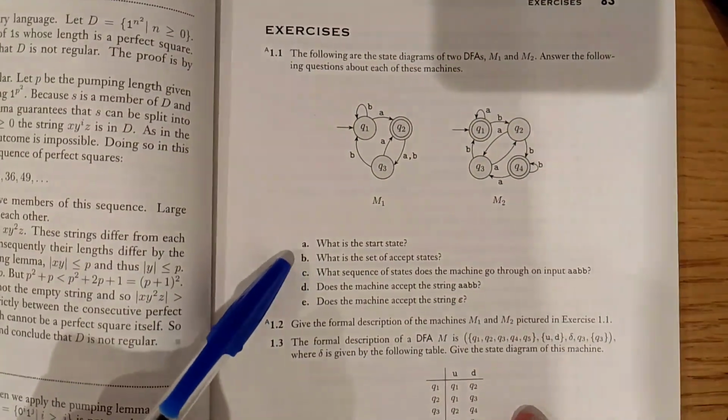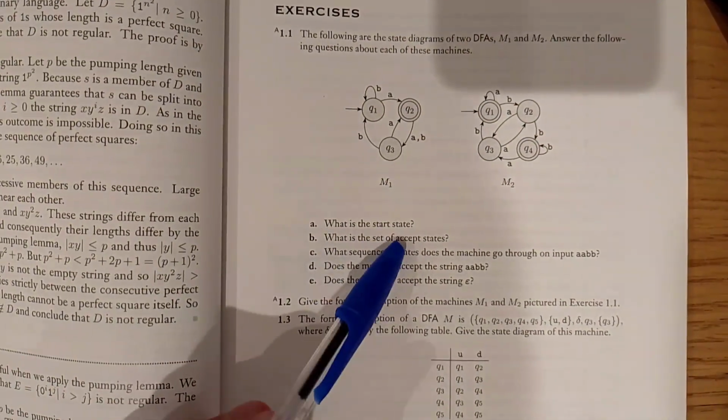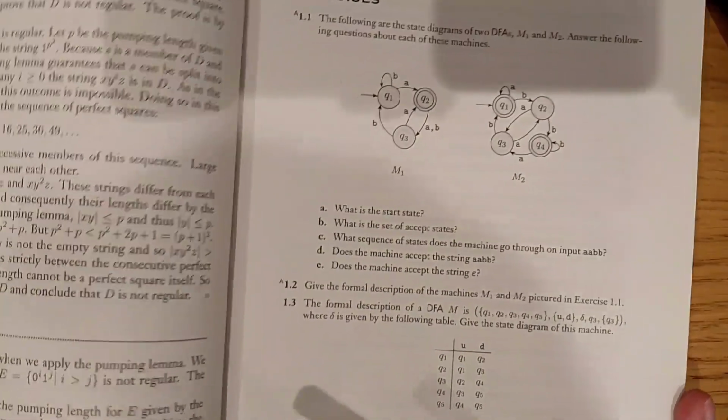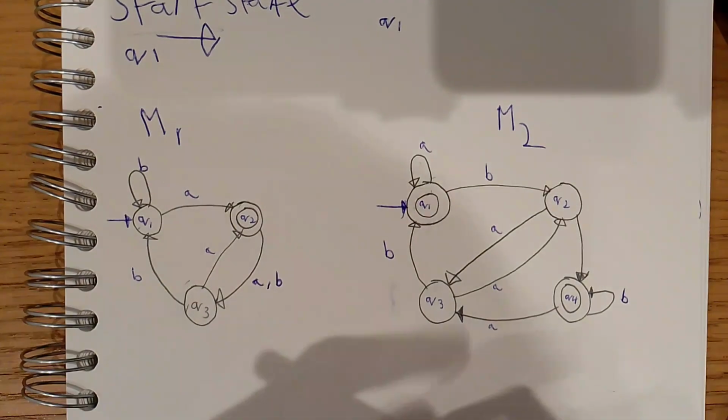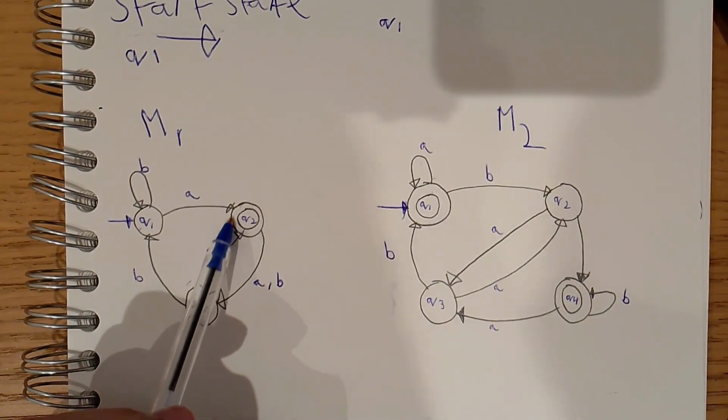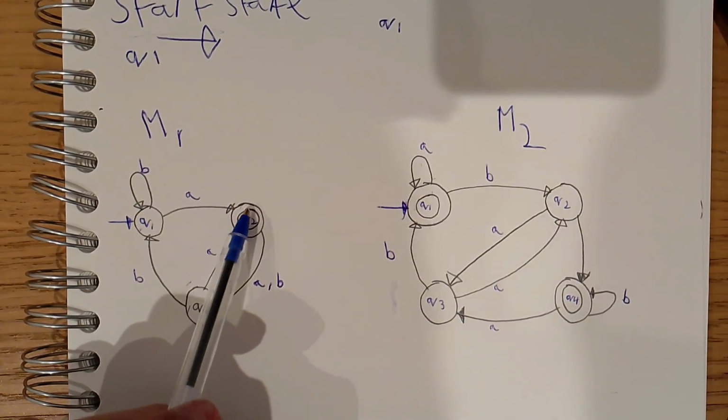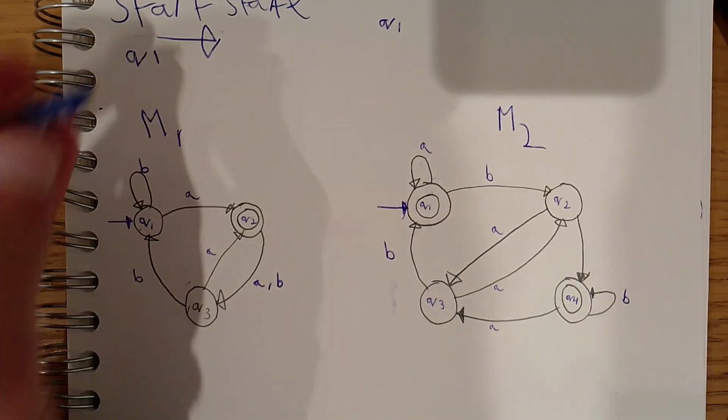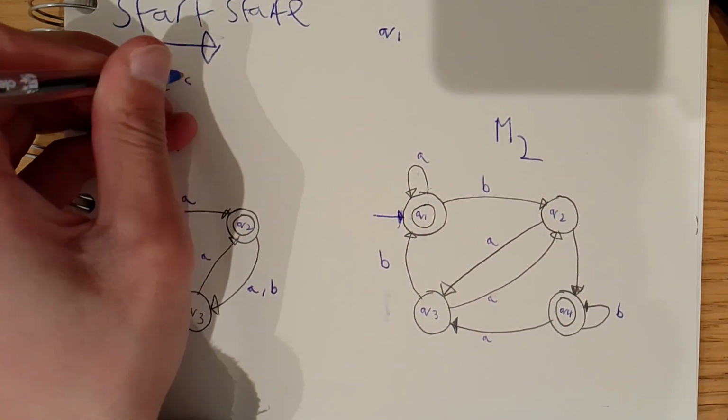Okay, part B. What is the set of accept states? The set means the total possible accept states. In M1, the accept state is the target circle, and that is Q2.